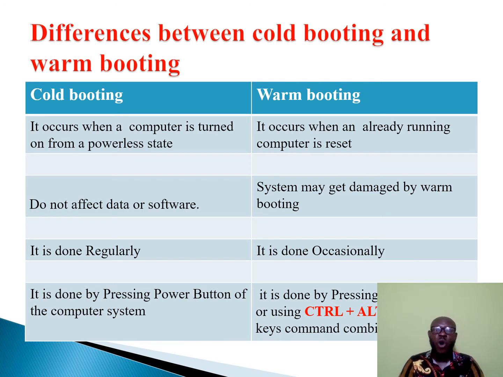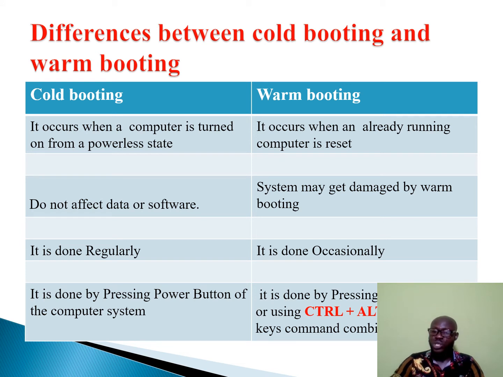How do we perform warm booting? It is done by pressing the reset button or using the combination key on the keyboard, that is Control plus Alt plus Delete keys. You press them in that successive manner.